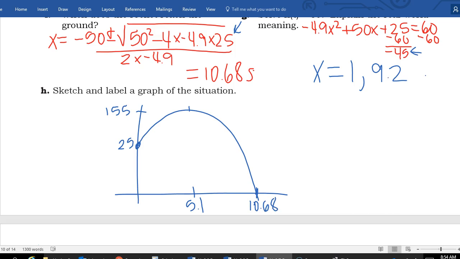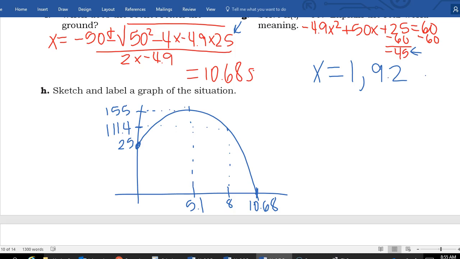And at 8 seconds, 8 would be right about there, we know that the measurement here was 111.4, I think it was. If we kind of went straight there, we'd have the 8 seconds there. We have the 5.1 seconds here, leads to the 155 right there. And then the last piece of information was when was the rocket at 60 meters.